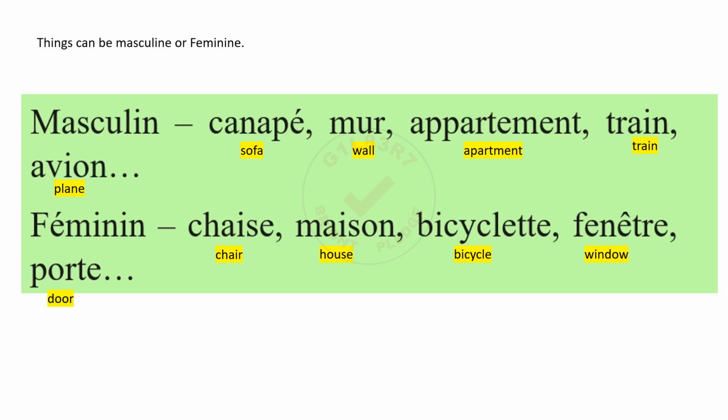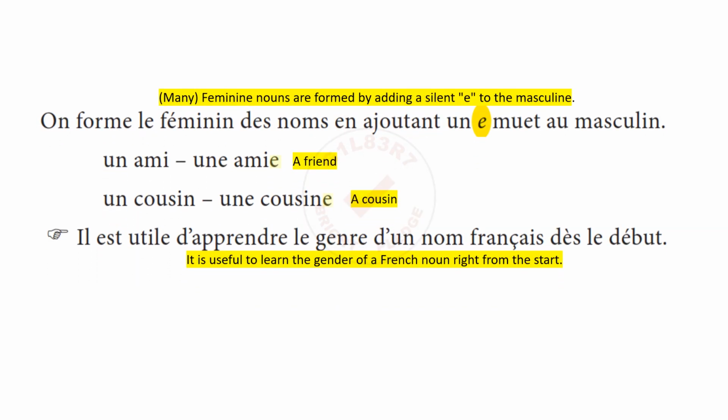Many feminine nouns are formed by adding a silent E to the masculine noun. It's not in all cases, that's why I put "many" in brackets. They have given two examples here. For example, if you take the word ami, meaning friend, an ami.